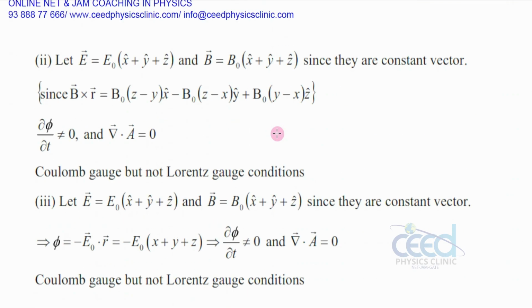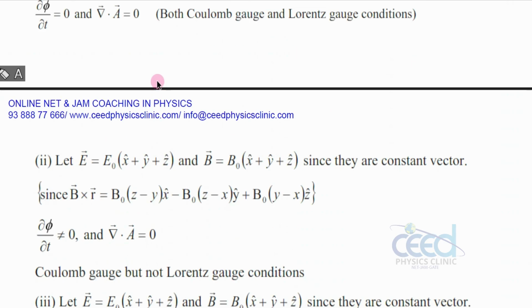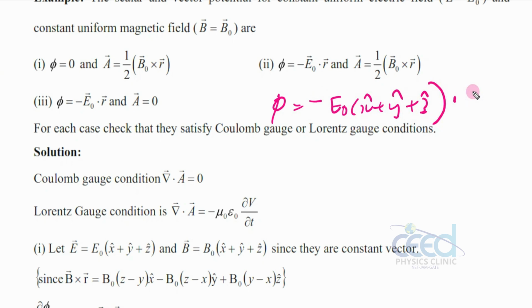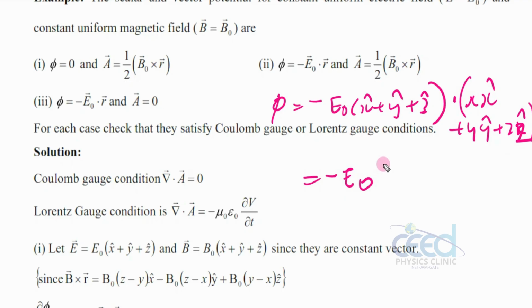Now the next case, what is given? Here phi is given as minus E0 dot R, that is minus E0 times x cap plus y cap plus z cap dotted with R, which is x cap plus y cap plus z cap. That is minus E0 into x plus y plus z.